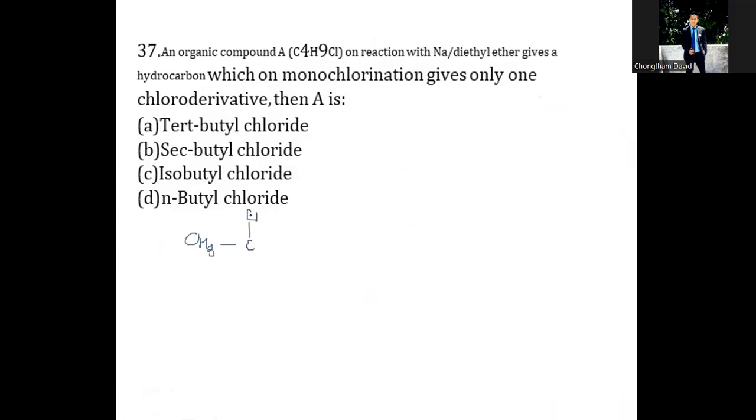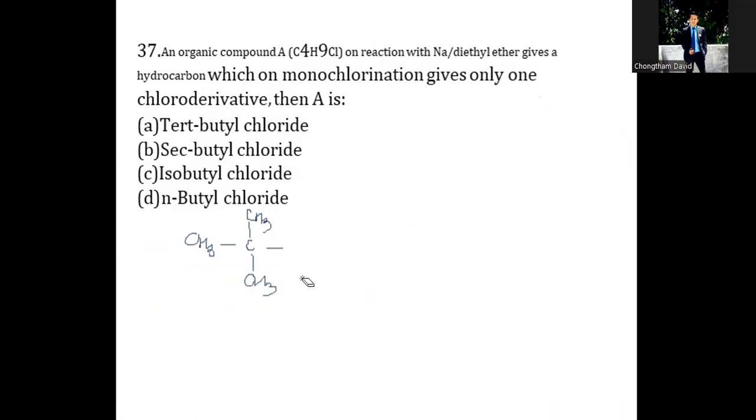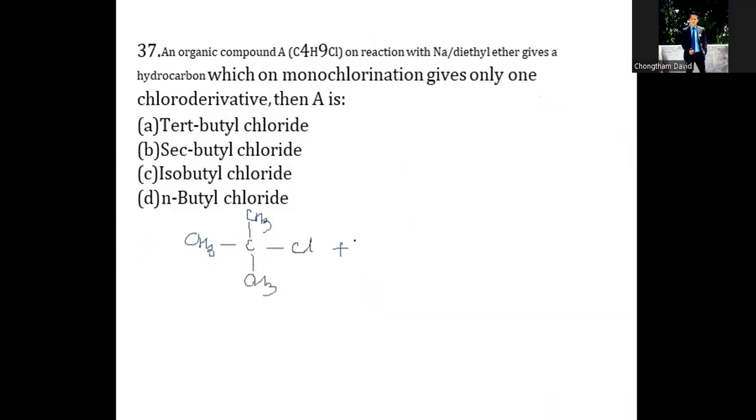CH3, CH3, C... the formula is C4H9Cl. So B is 2-chloro-2-methylpropane.